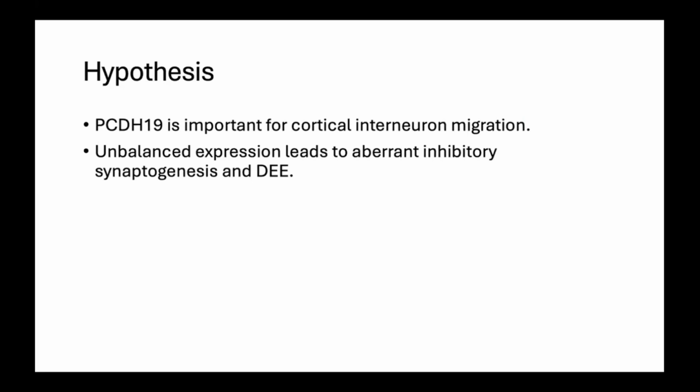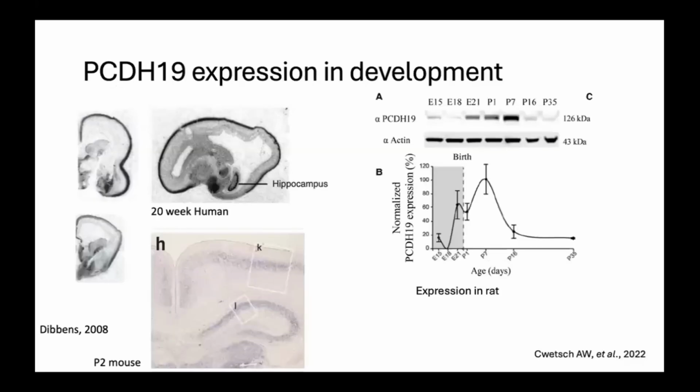In order to examine this a little bit more, we first had to know if PCDH19 was expressed in those inhibitory interneurons. Some of this work has already been done, which is fantastic for me, and we know that PCDH19 expression comes on pretty early in development. In the human, this is a 20-week human brain, and you can see PCDH19 expression is pretty high in the hippocampus and also in the cortex.